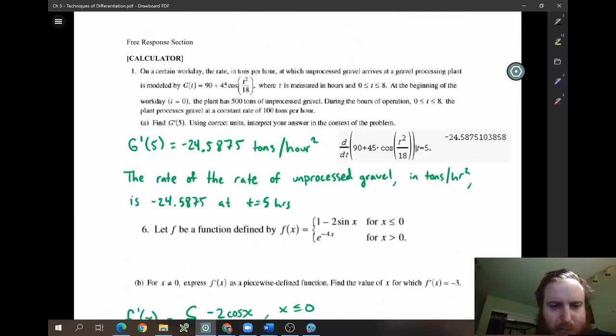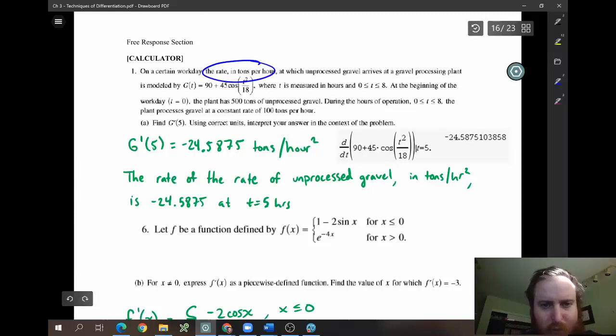All right, next up, this one's a little bit tricky for the explanation, because g of t is already the rate. Whenever you already have the rate and then you want to take the derivative, that becomes the rate of the rate. So we just need to be careful. The derivative part should be easy. For the units, we had tons per hour. If you take an integral, you chop off the per hour.